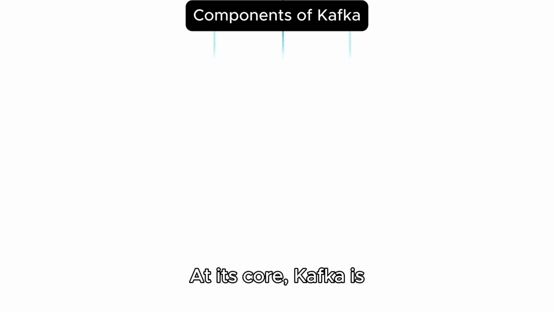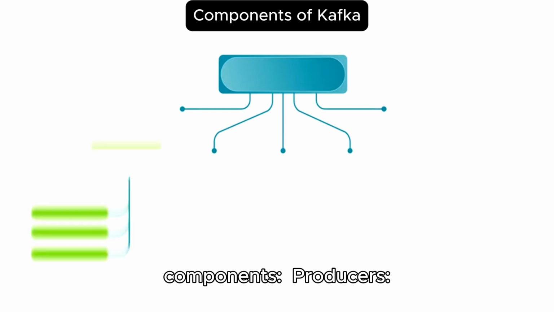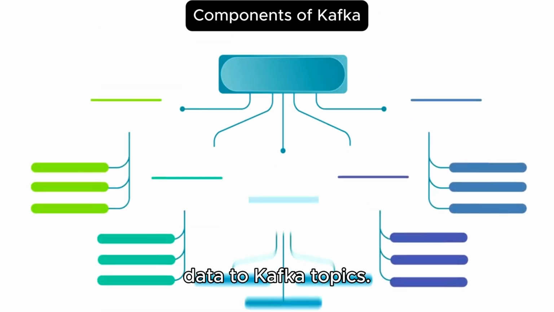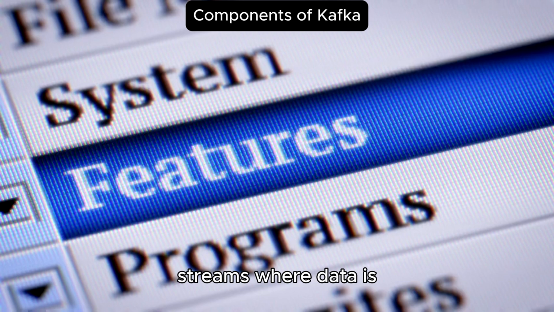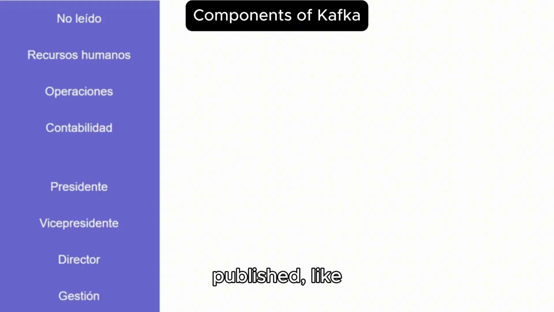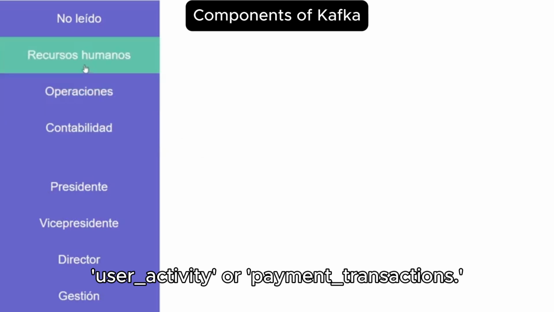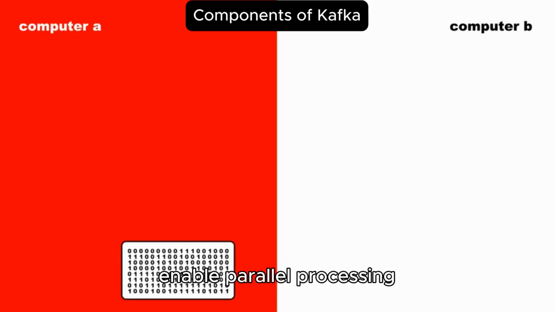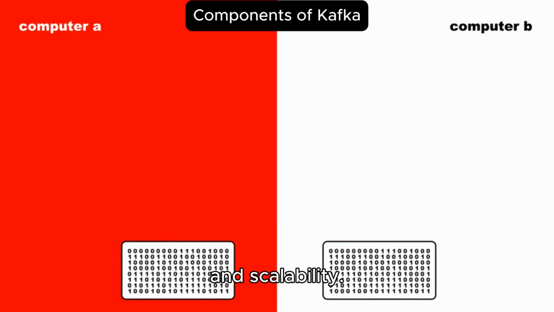Now, let's break down Kafka's architecture. At its core, Kafka is composed of a few key components. Producers: applications that send data to Kafka topics. Topics: categories or streams where data is published, like user activity or payment transactions. Partitions: topics are divided into partitions to enable parallel processing and scalability.